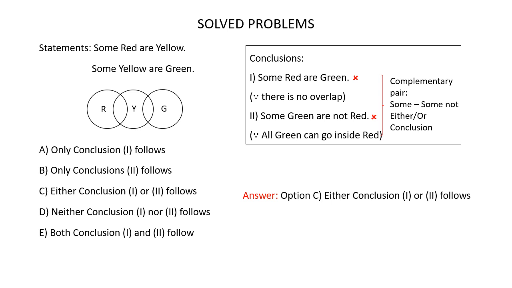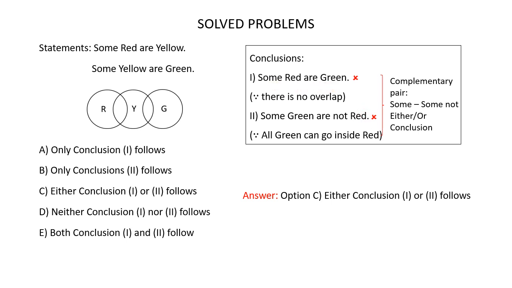Now as you can see here, conclusion 1 does not follow, conclusion 2 does not follow. But before you mark the answer as option D, neither conclusion 1 nor 2 follows, find out if conclusion 1 and conclusion 2 are complementary pairs. Now as you can see here, both the conclusions are wrong.